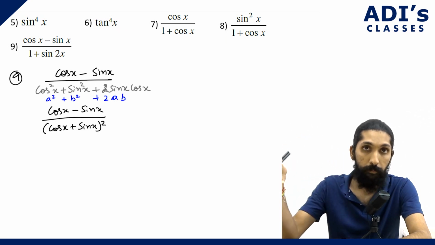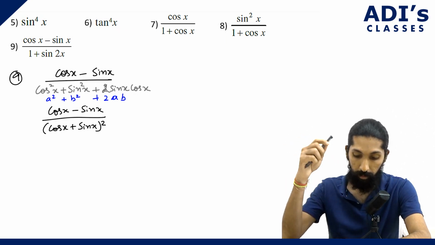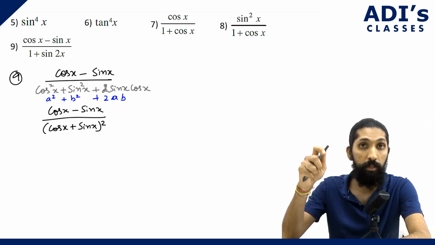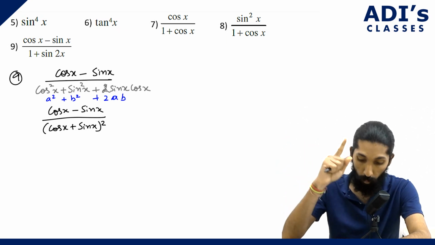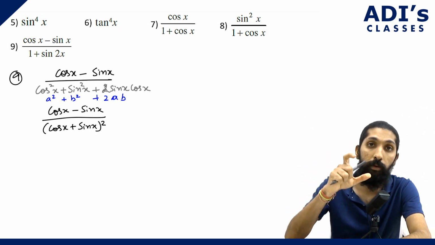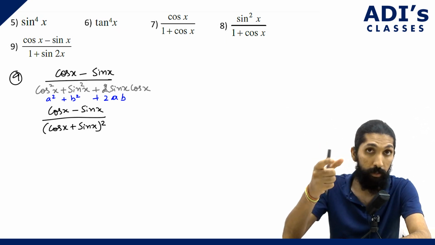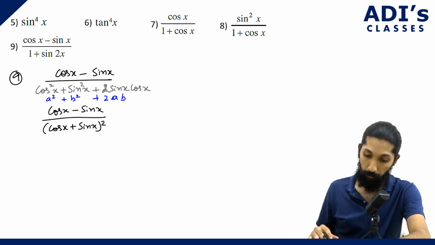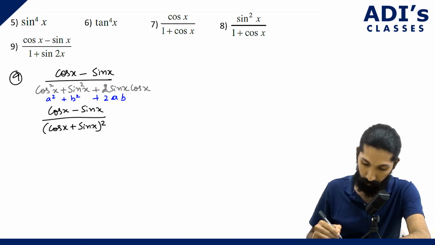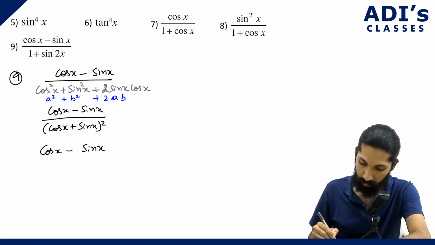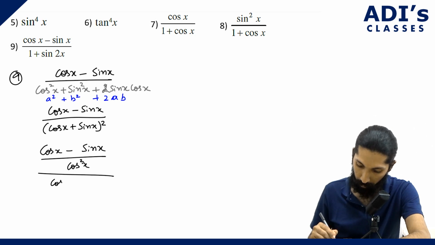So, when you have cos x minus sin x divided by cos x plus sin x whole square, one way of solving this is where you divide numerator and denominator by cos square x. Okay, divide numerator and denominator. So, if you divide that, then you will get cos x minus sin x by cos square x, divided by cos x plus sin x divided by cos x whole square.